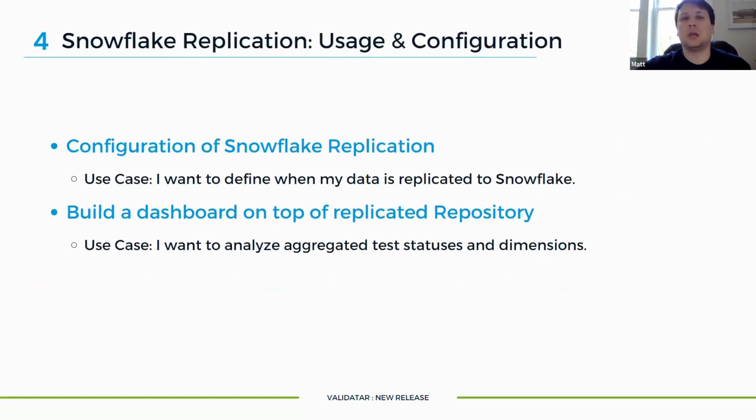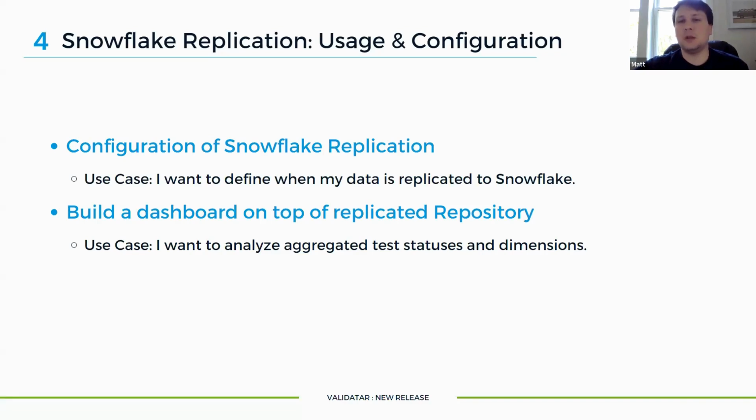So just to talk about this, I'll show you the configuration of the replication. And really there, it's just about defining when your data is replicated and exactly where it's replicated to. And then I'm going to show a quick little dashboard that's built on top of the replicated repository. And so you can see, hey, what does it look like to aggregate those test statuses, quality dimensions, the severity, all that stuff that we've been building up into an aggregated report.